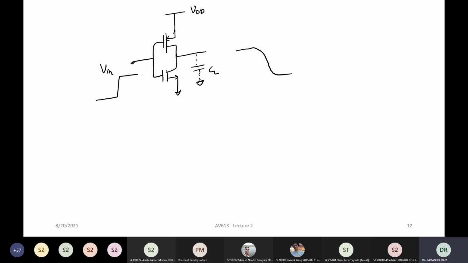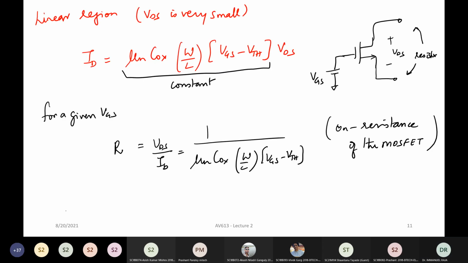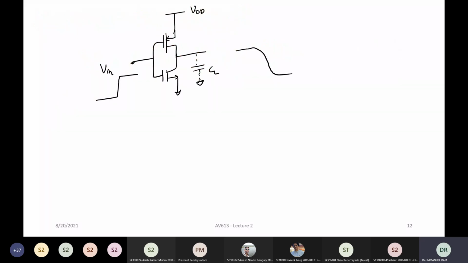Now, as the voltage drops, after it comes to a smaller value in this region, the transistor is on. It is acting as a switch.